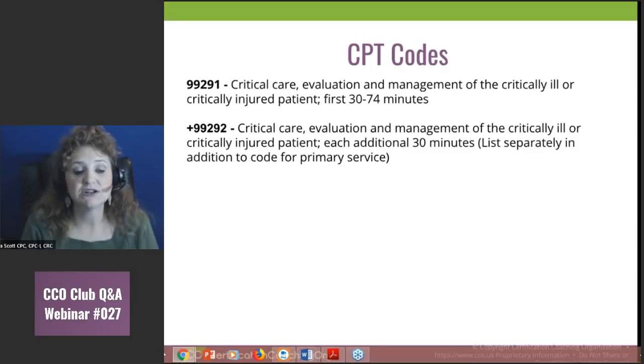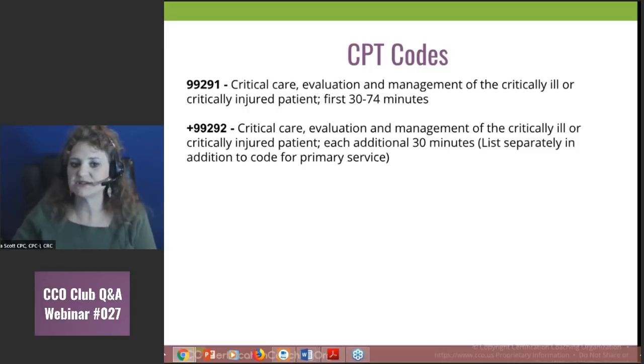Then it would be 99291, and then you would code 99292 for each additional 30 minutes, even though you didn't use a full 30 minutes. It's in that 30-minute window because 99291 goes up to 74 minutes, not 75.